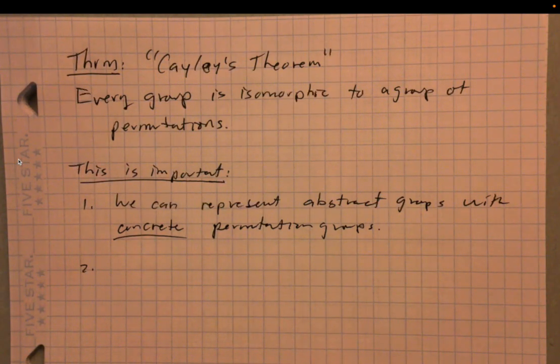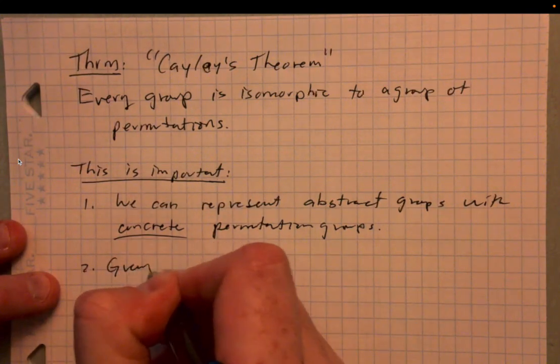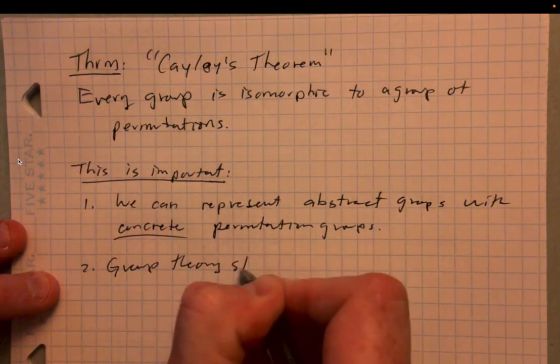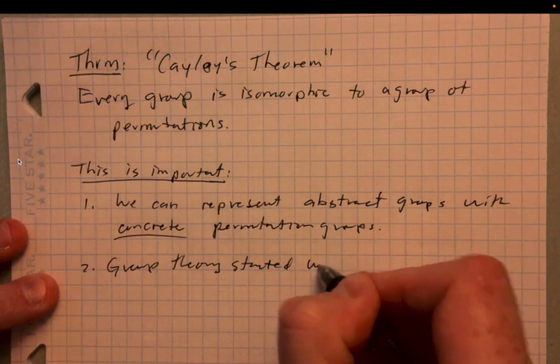The other thing is more of a historical importance. I think I mentioned earlier that these permutation groups were mathematicians' first glimpse at groups in general. So group theory started with permutation groups.